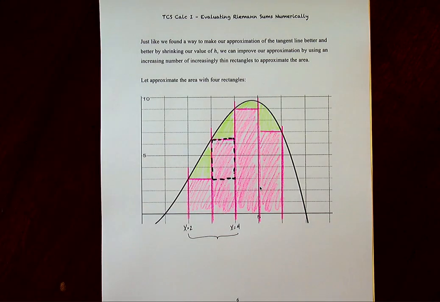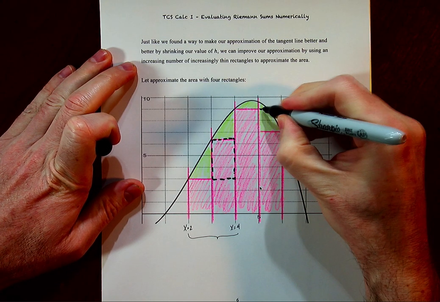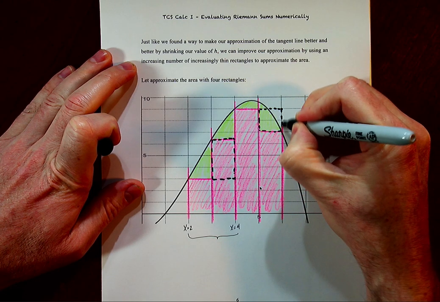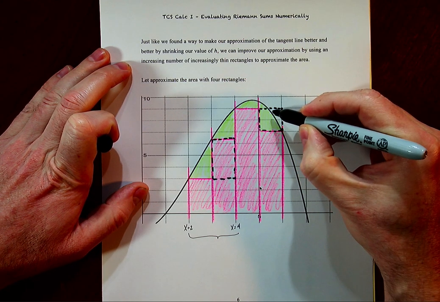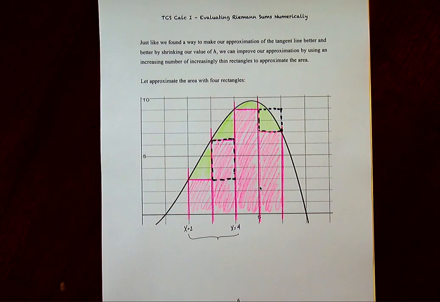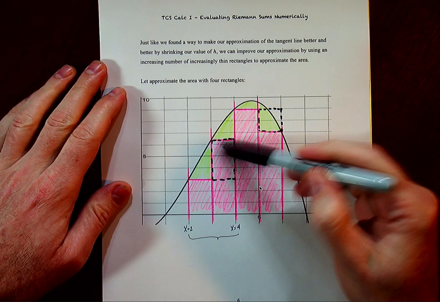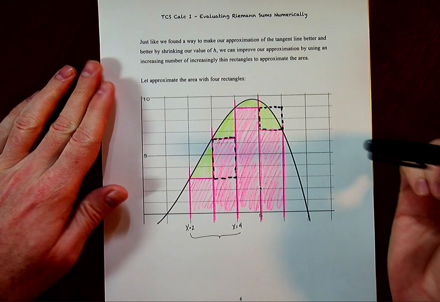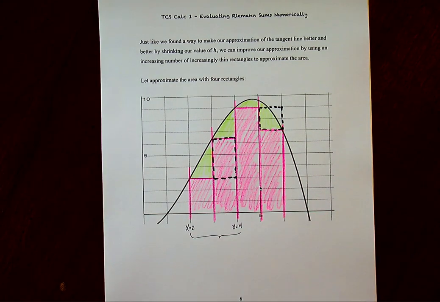But you notice that what used to be an overestimate area is now under. Now, does that wind up nullifying the fact that it makes this a better approximation? No, because this sort of gain is worth more than this little loss, right? But it's almost a wash.